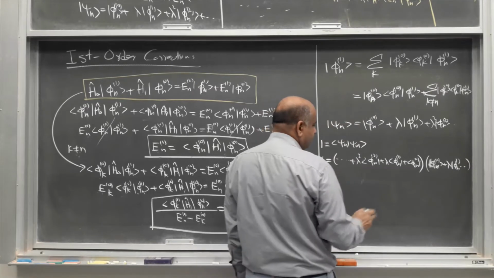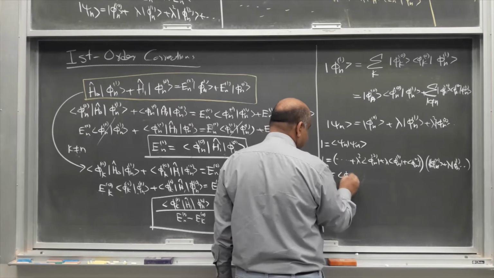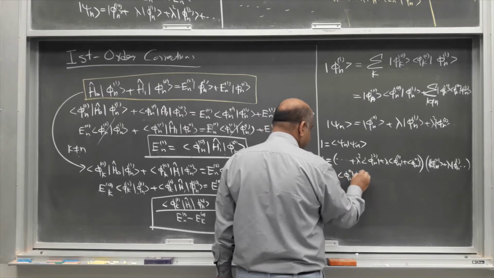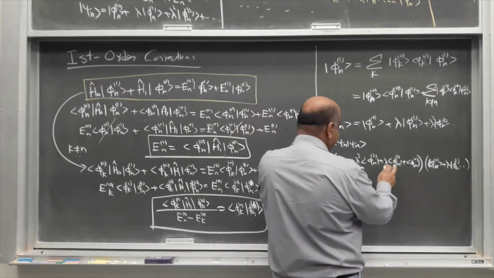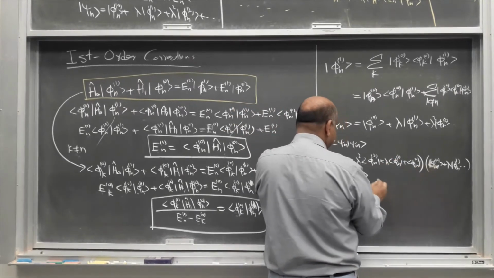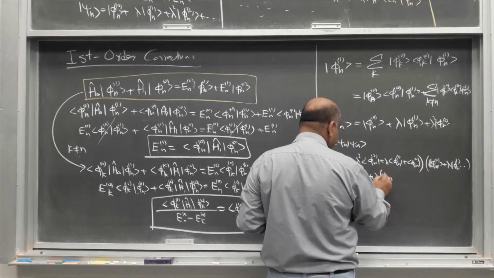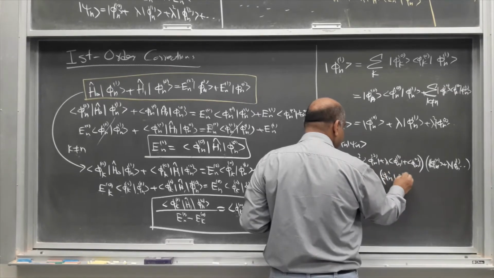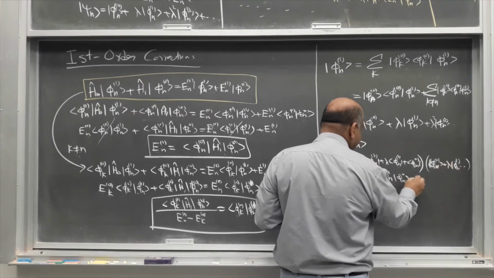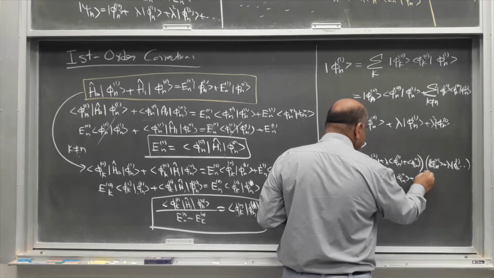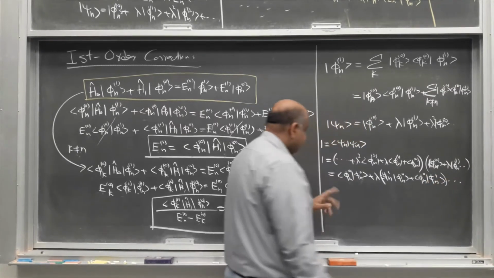So this first term is the inner product of phi n0 with phi n0, without lambda. Then we have lambda times the inner product of phi n1 with phi n0, and if I take the inner product of this one with this, I get lambda times the inner product of phi n0 with phi n1, and then there are other terms.